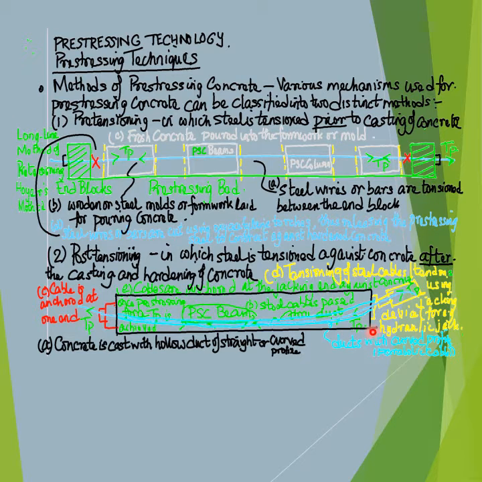Subsequently, in the fourth step, that is step D, the steel cable that is thus passed through the hollow duct in the precast pre-stressed concrete specimen is tensioned at the other end, which is termed as the jacking end, as opposed to the anchoring end at which the steel cable was anchored in the previous step.